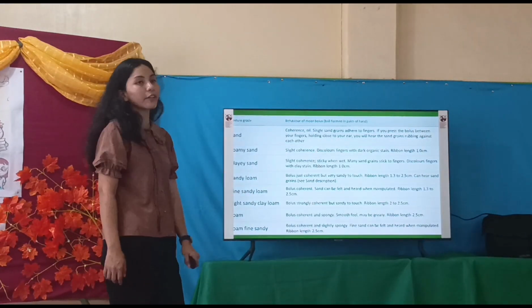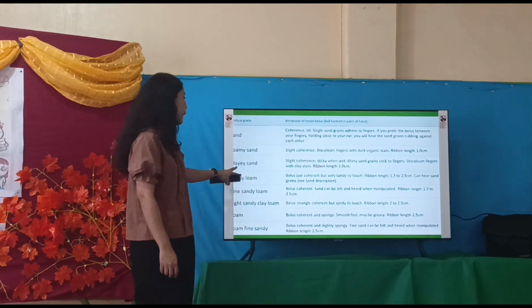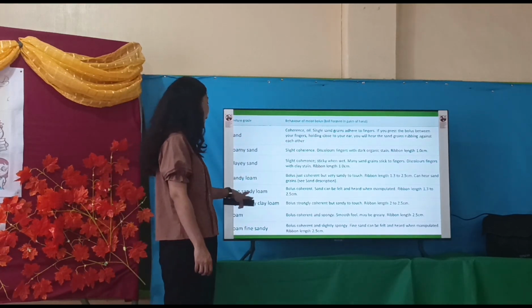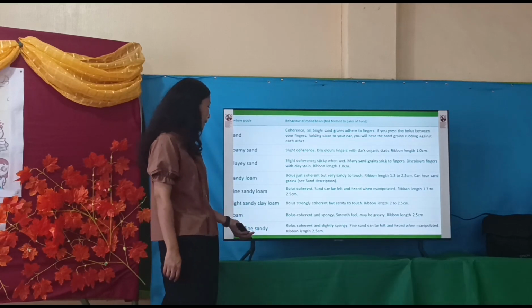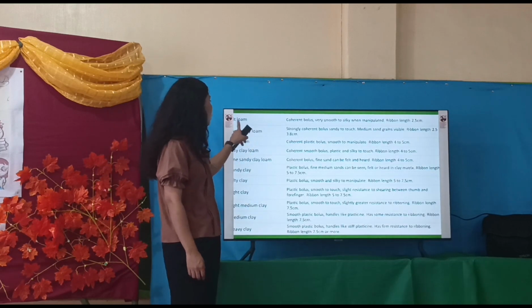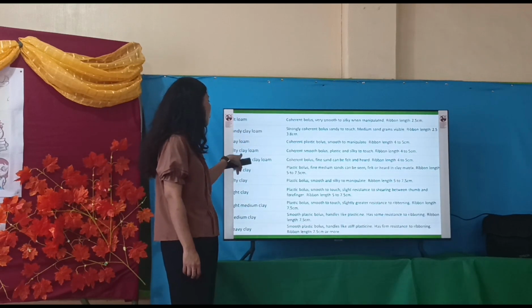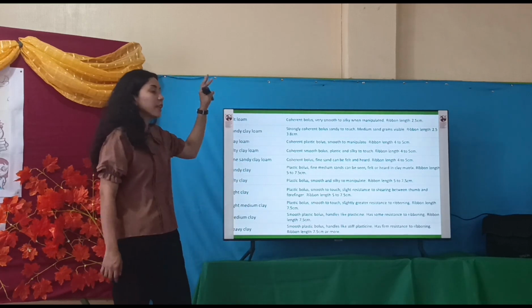So, here we have different types of soil. Okay? We have sand, loamy sand, clayey sand, sandy loam, fine sandy loam, light sandy clay loam, loam, fine sandy, and sandy clay loam, silt loam, clay loam, silty clay loam, fine sandy clay loam, and many more.